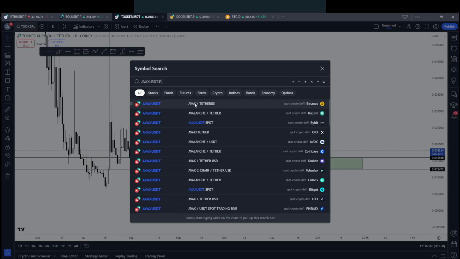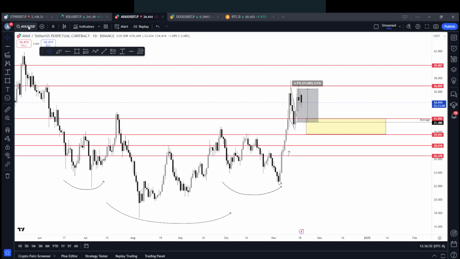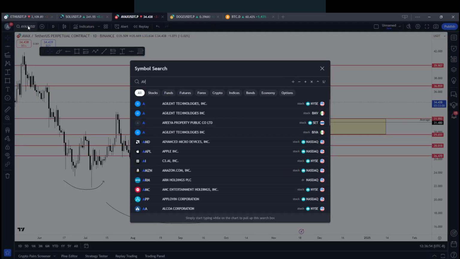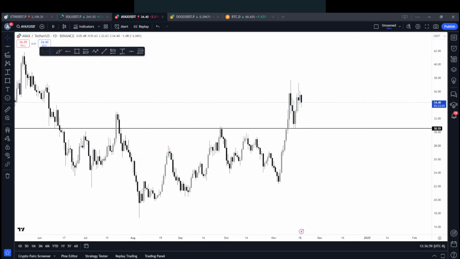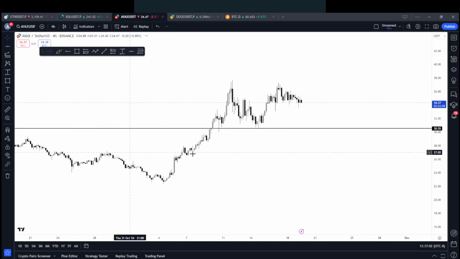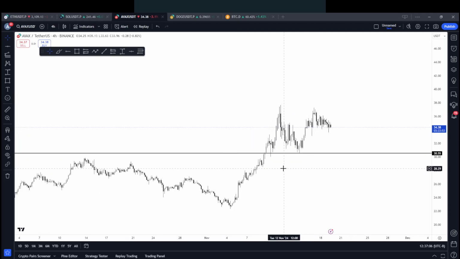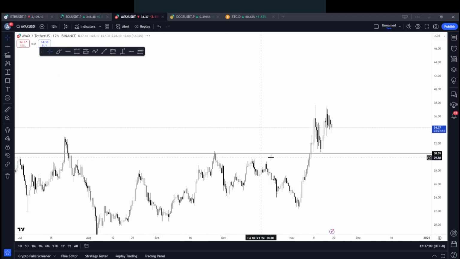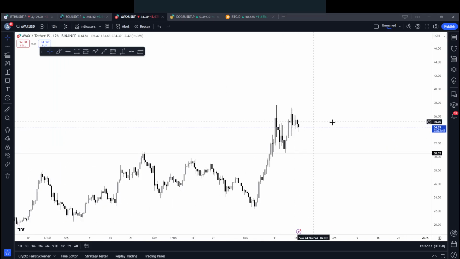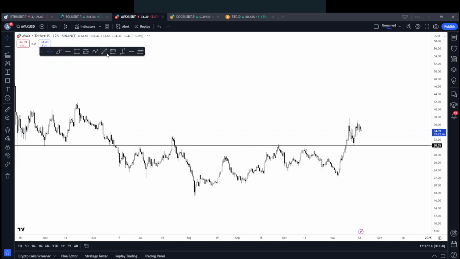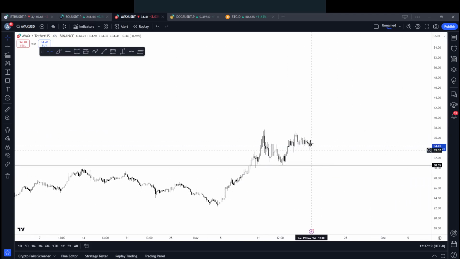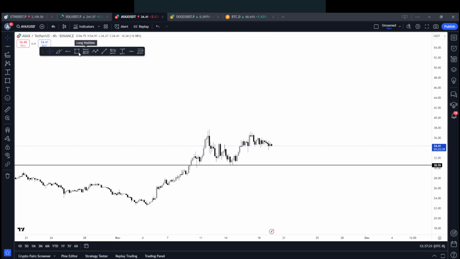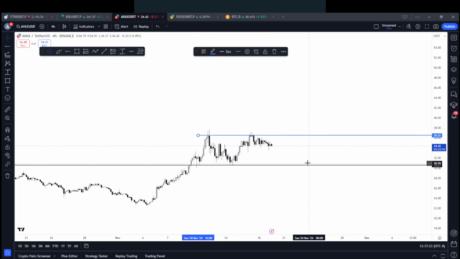All right, AVAX. Wait, I need this chart. All right. So AVAX is tricky here because on one end you can say that this looks like a double top. On the other end, you can say that this looks on a 4-hour to be some type of cup and handle. Right?